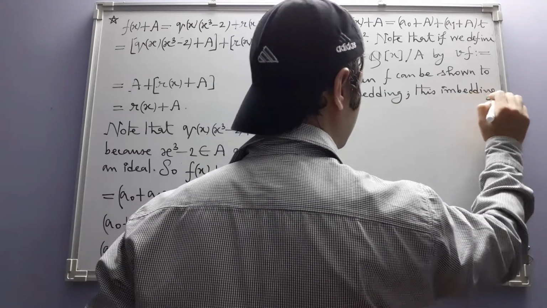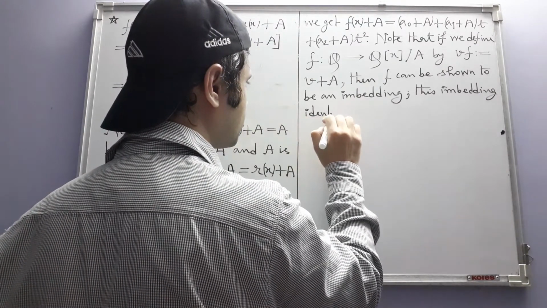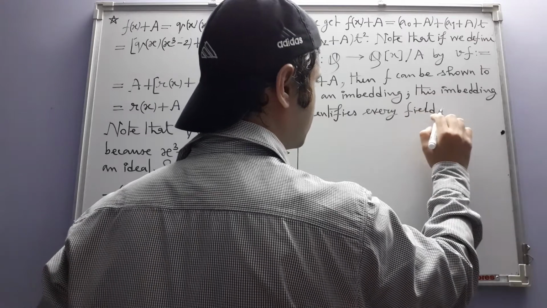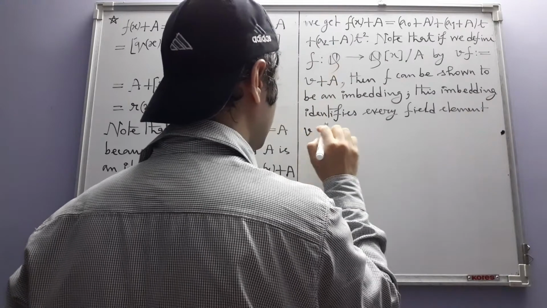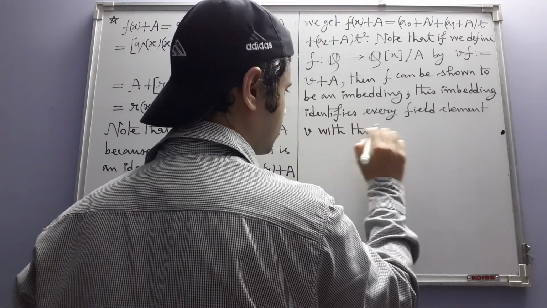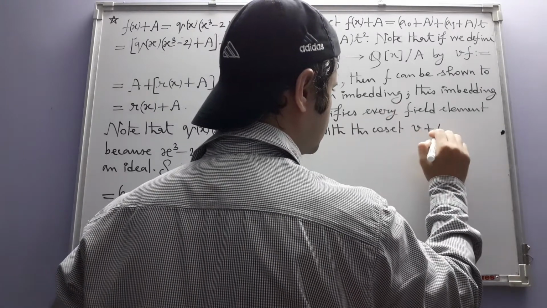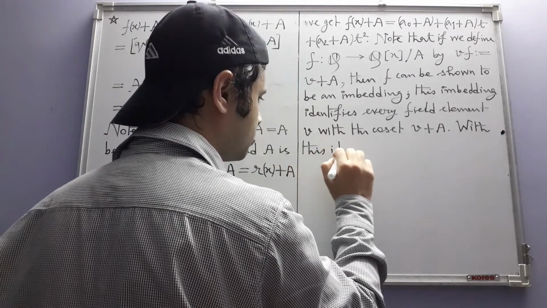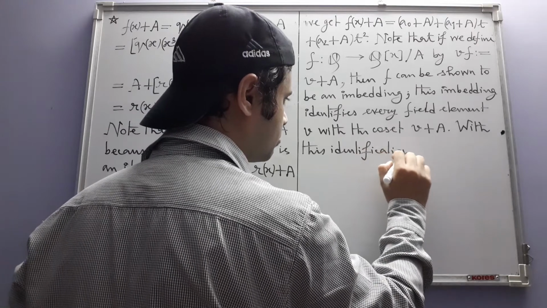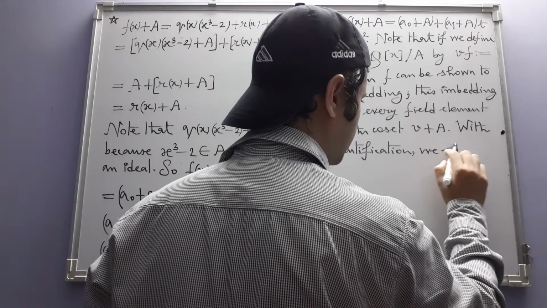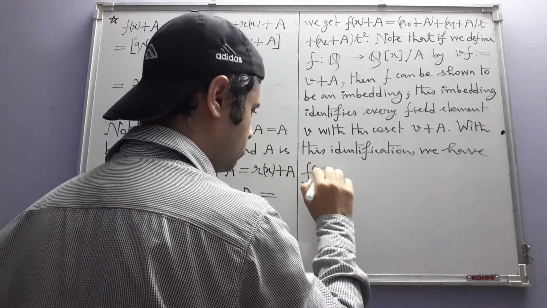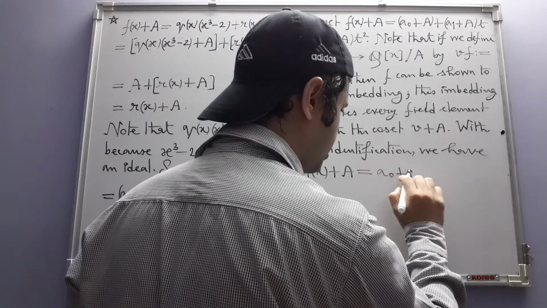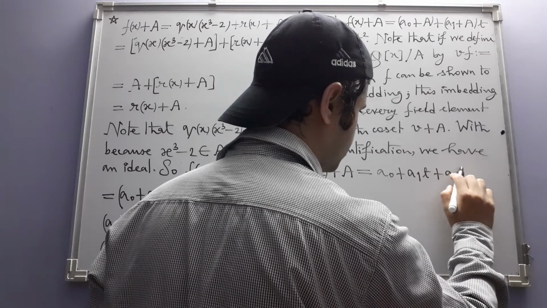This embedding identifies every field element V with the coset V plus A. With this identification, we have f(x) equal to a naught plus a1 t plus a2 t square.